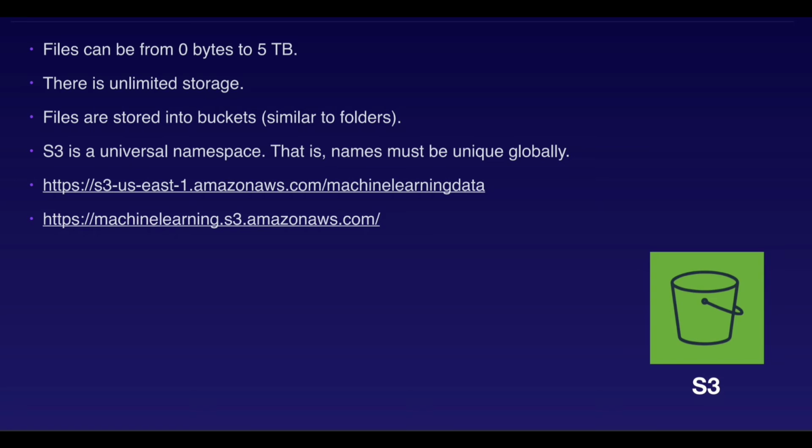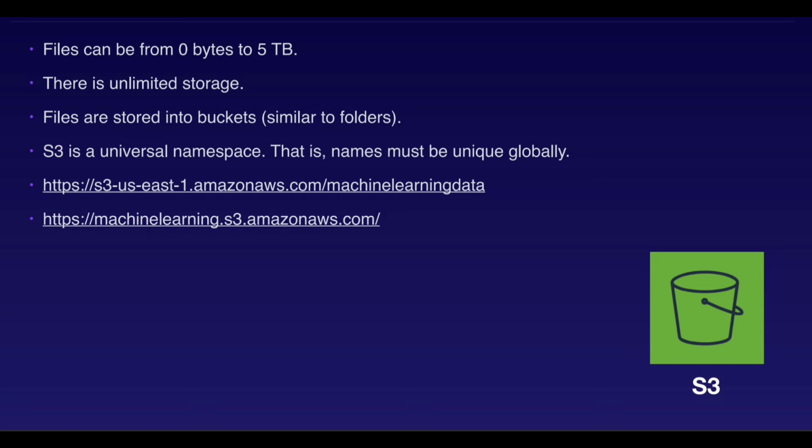Now, files and objects are stored into buckets, which are similar to folders, and S3 has a universal namespace, meaning that the names of your buckets are unique globally, meaning that you cannot have the same bucket name as one of my bucket names.